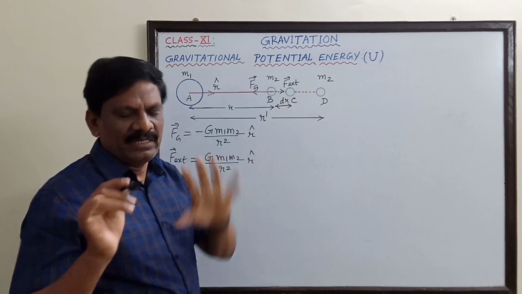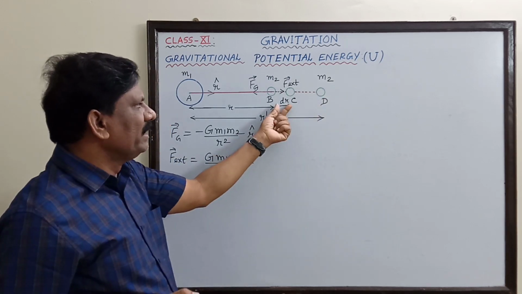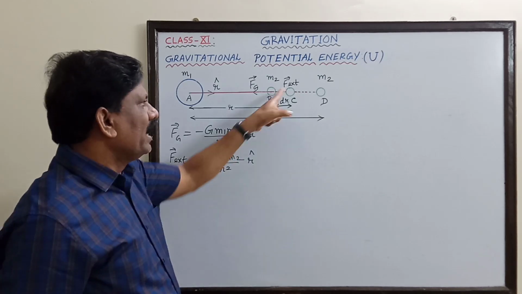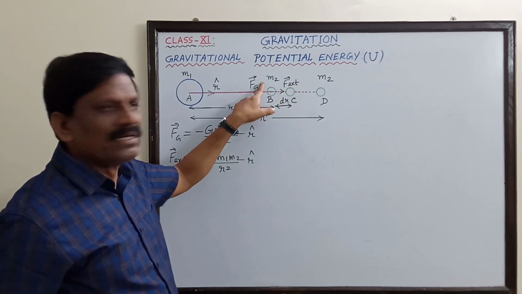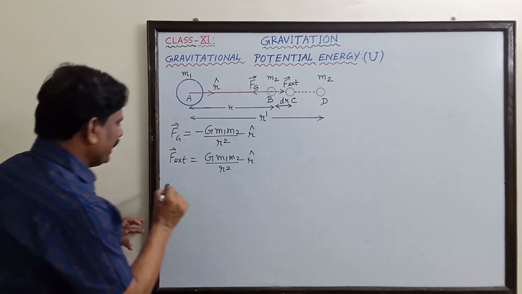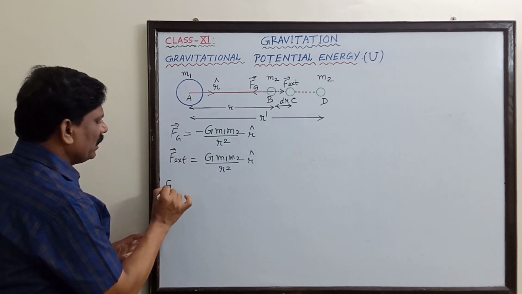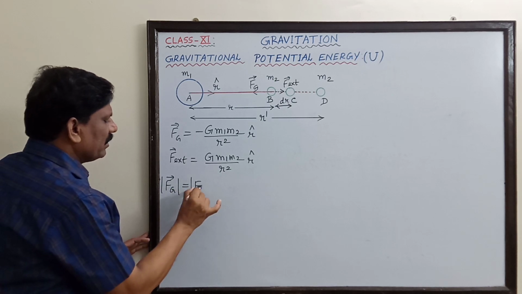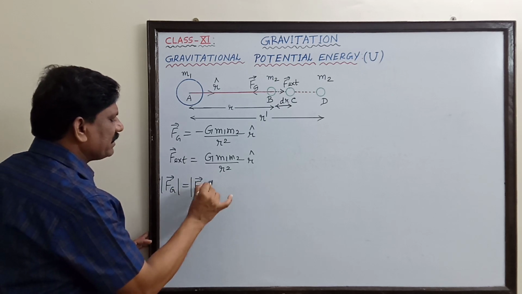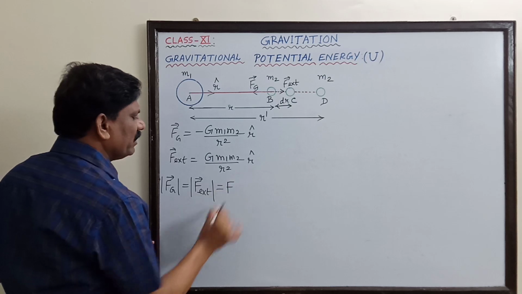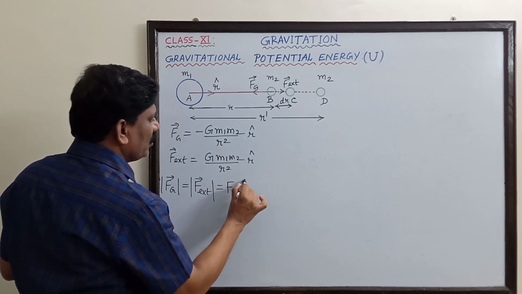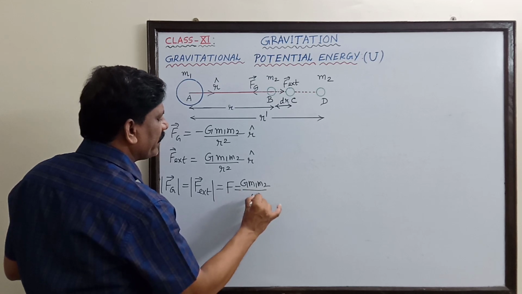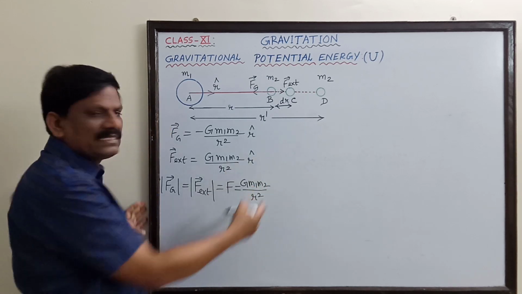Now for a very small, infinitesimally small displacement, I am applying a force nearly equal to Fg itself. So the magnitude of Fg is equal to the magnitude of the external force, and that is equal to F. So this is equal to G into m1 m2 by r square. Magnitude, so r cap doesn't appear.